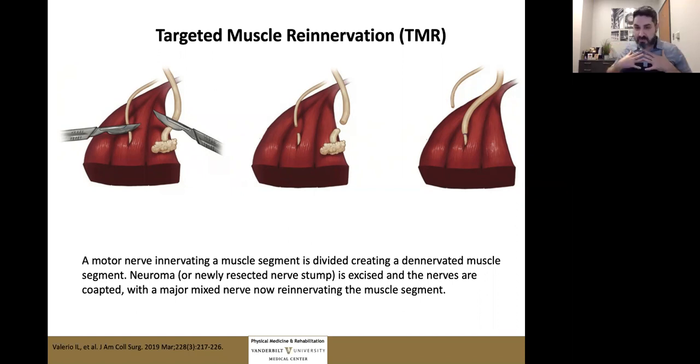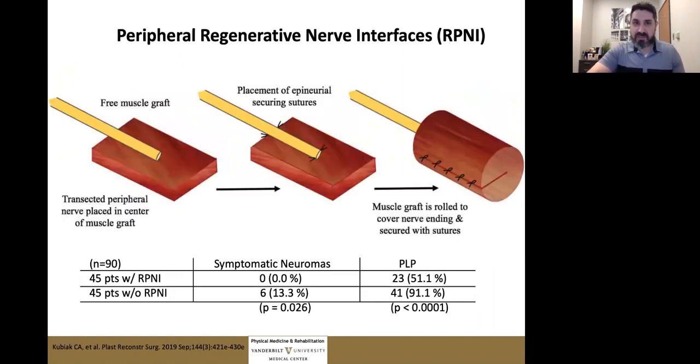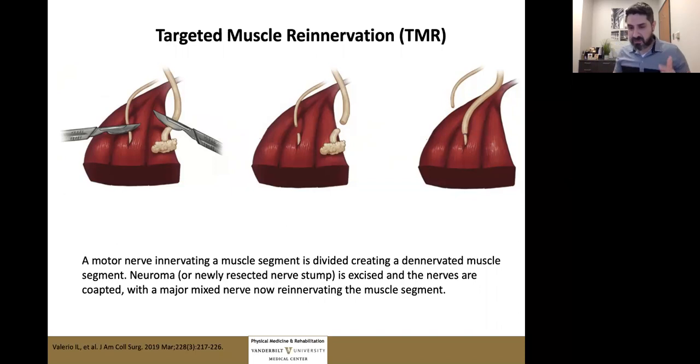So this is where we need to be good about giving feedback from our collective experience back to physiatrists, back to therapists, back to surgeons, because we need to figure out what's going on here, right? So a lot of these clinical studies comparing and contrasting RPNIs to TMR that are coming out, study after study, with every year, you have to understand they may be solely looking at the incidence of pain, okay?